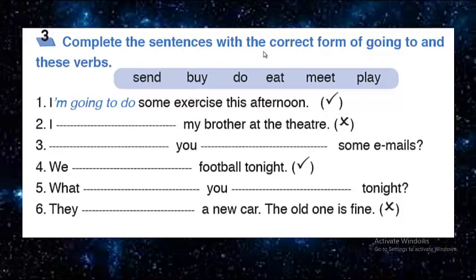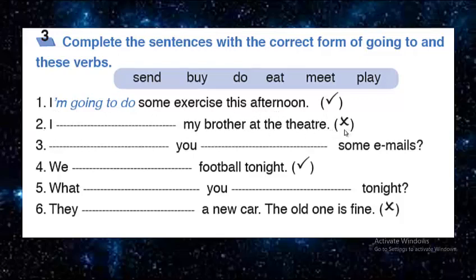Complete the sentences with the correct form of going to and these verbs. Here in exercise number 3 we have 6 verbs: send, buy, do, eat, meet, play. Number 1. I am going to do some exercise this afternoon. What about number 2?